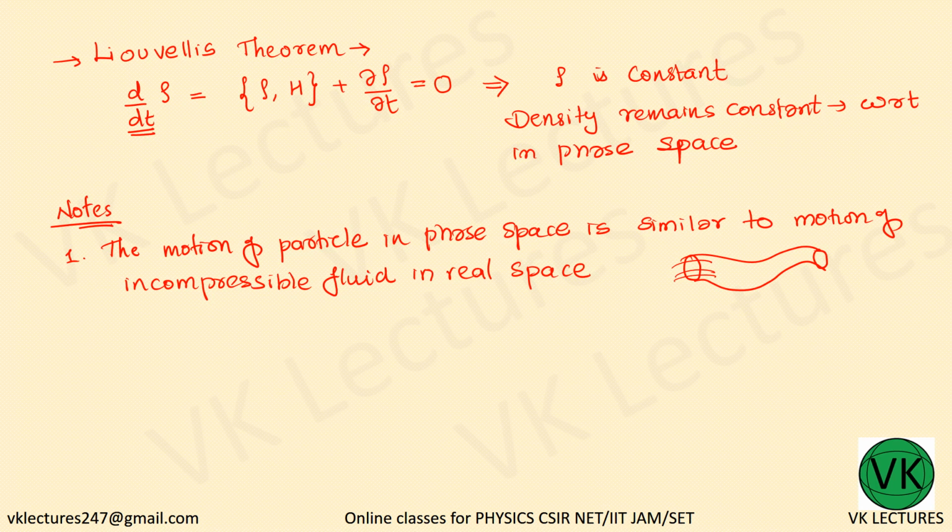They cannot cross each other. The particles will follow similar paths and they do not cross each other. That is called streamlined motion.